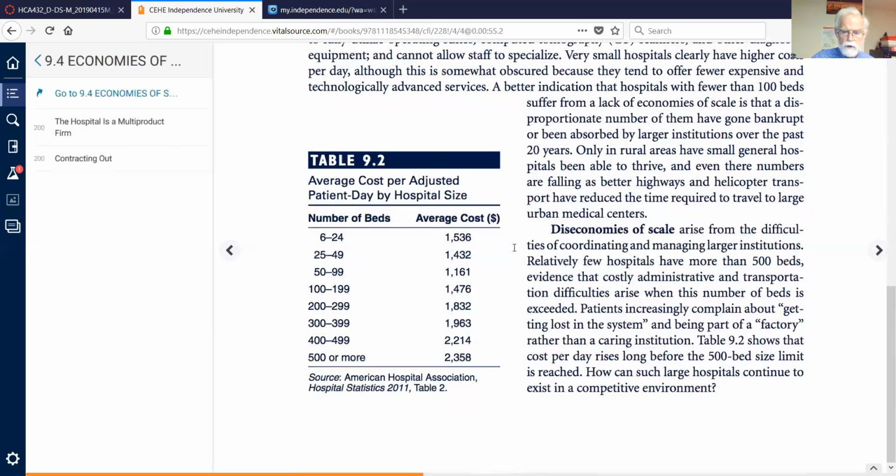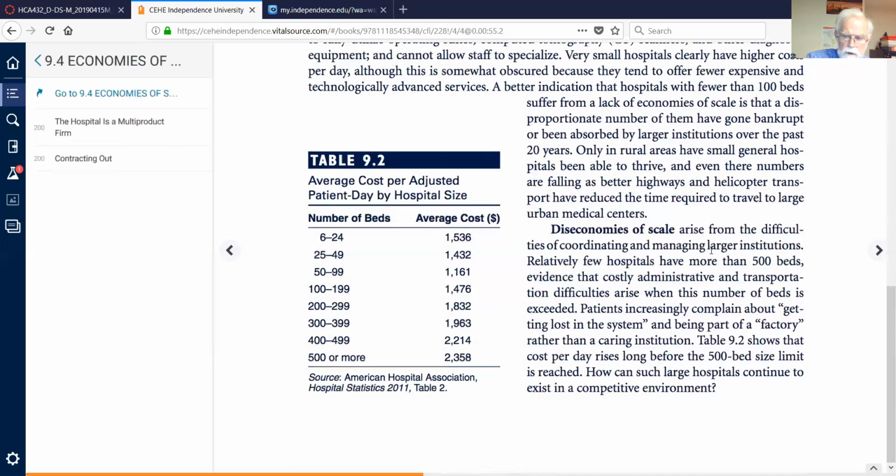And we also know that the diseconomies of scale come with basically managing a large institution. So we get a reverse issue.